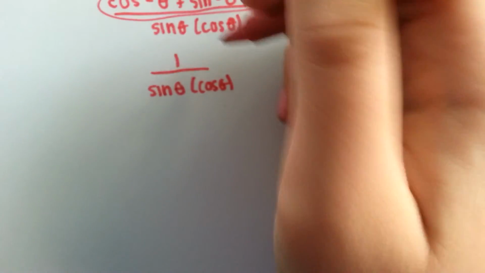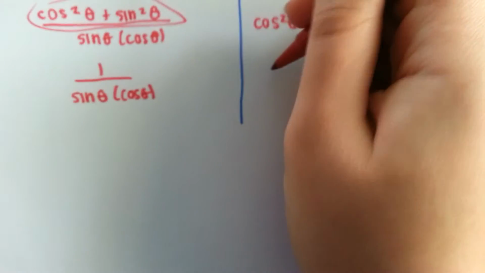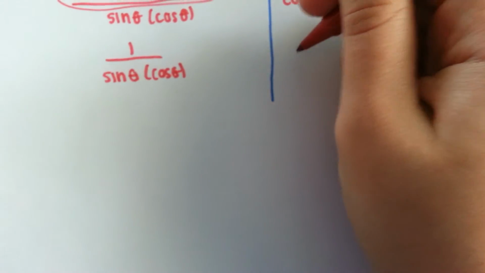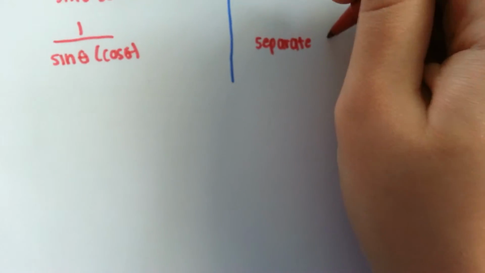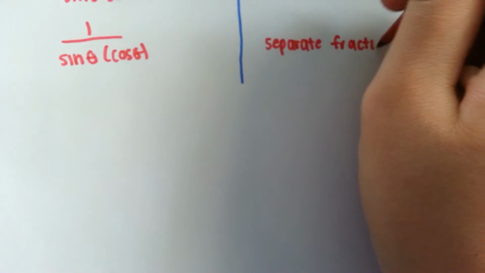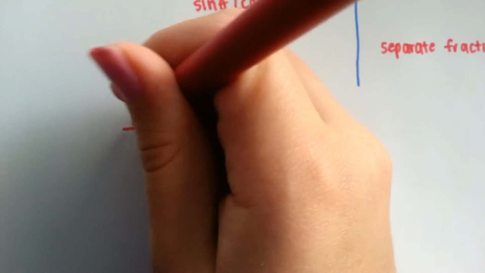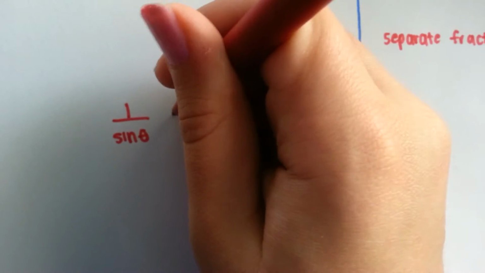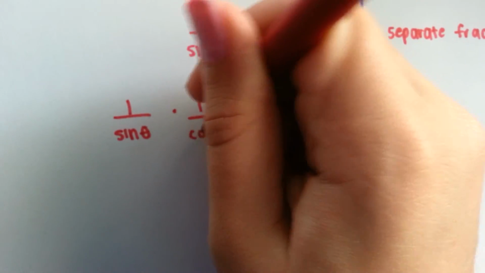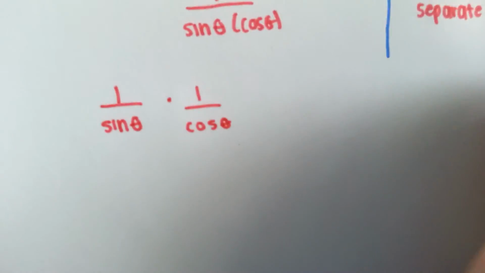And now the way to solve this, we're going to have to separate the fractions to make it easier. So separate fractions. So we're going to have 1 over sine of theta times 1 over cosine of theta.